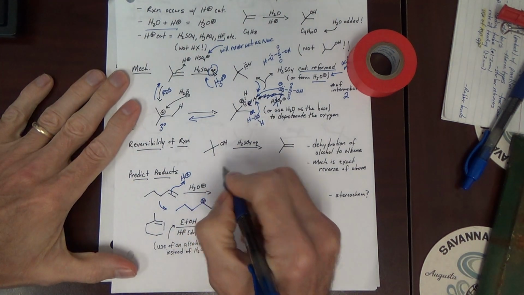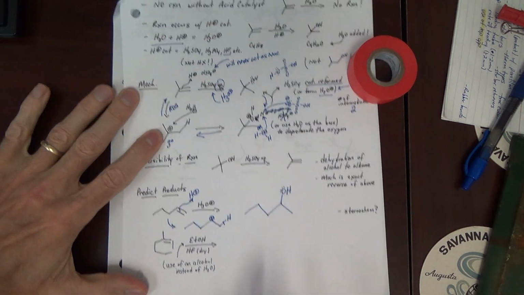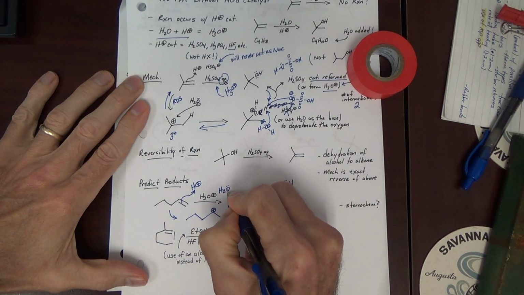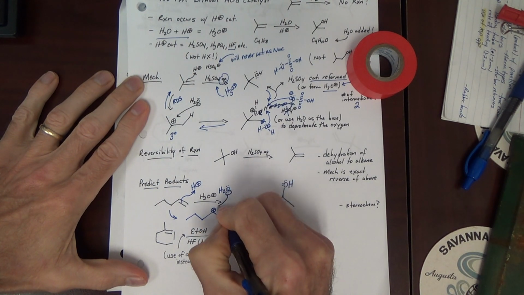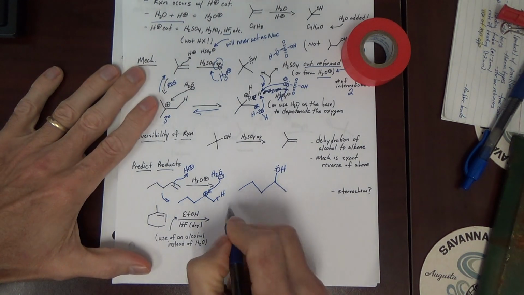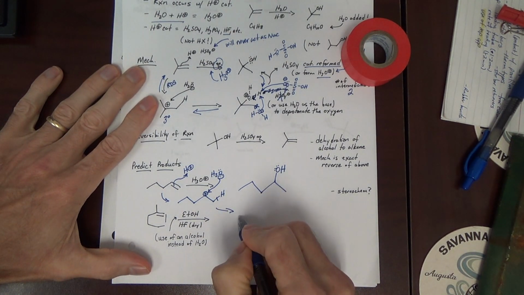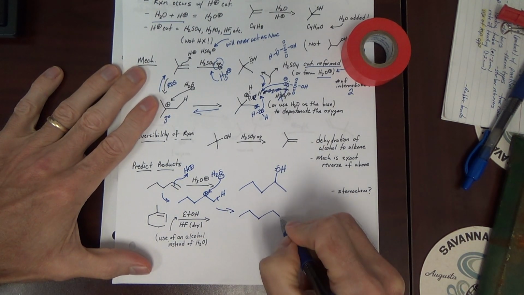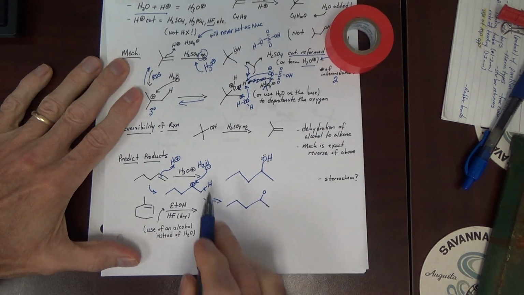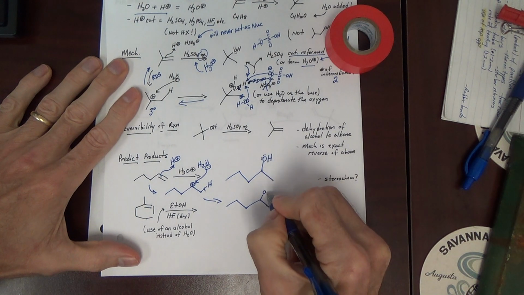Yes, the next step, just like we drew above, right here, the next step is water attacks the carbocation. Electrons like positive. And that's going to give, okay, oxygen now bonded to carbon.